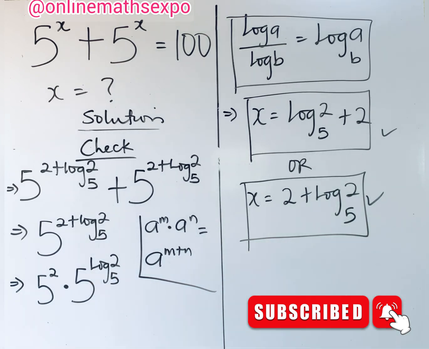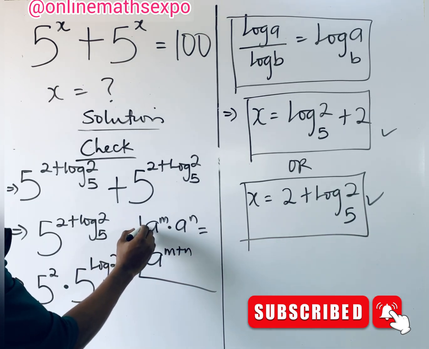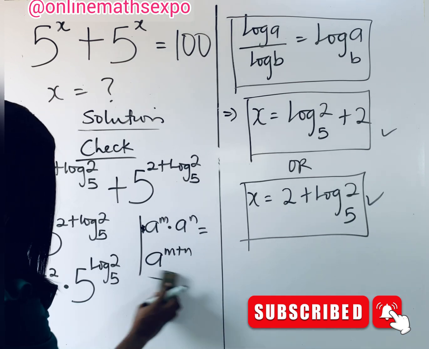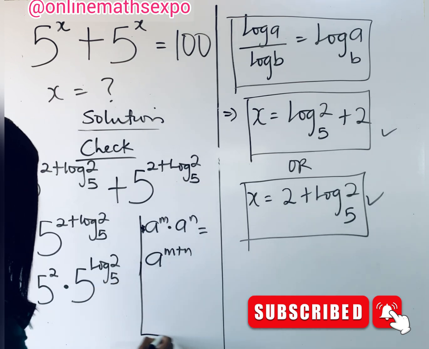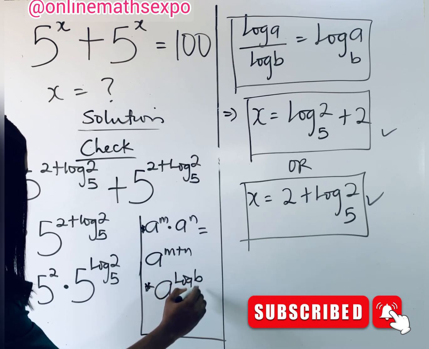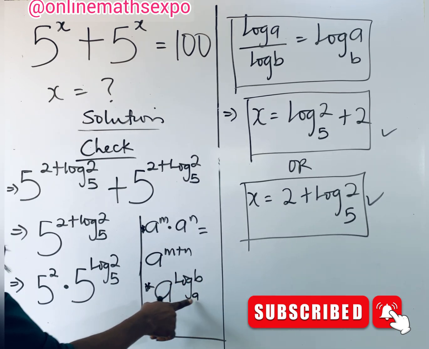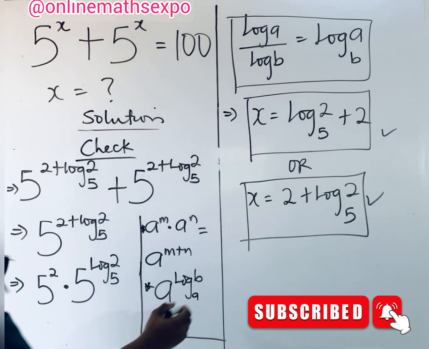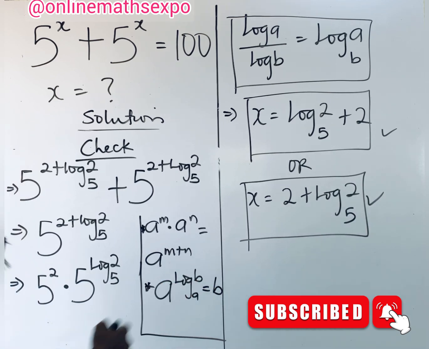Interesting. Now, what do you do again? Also remember this rule of logarithm. And what does the rule say? It says that each time you have a to the power of log of b base a, the base of the log and the general base are the same, automatically your answer becomes this b.